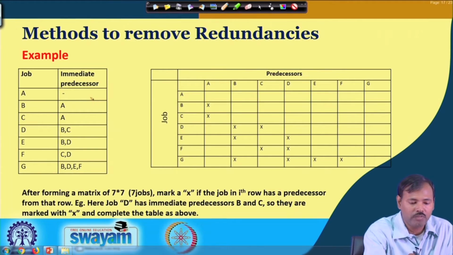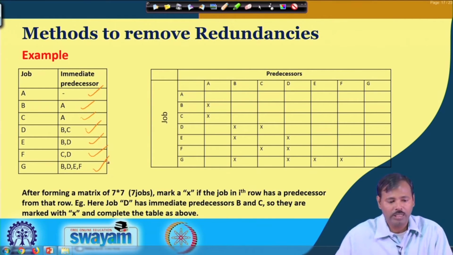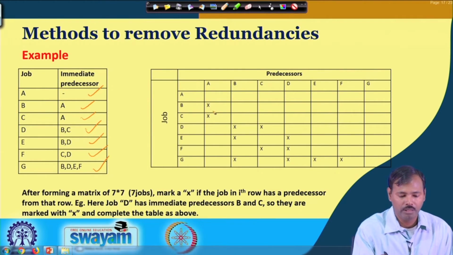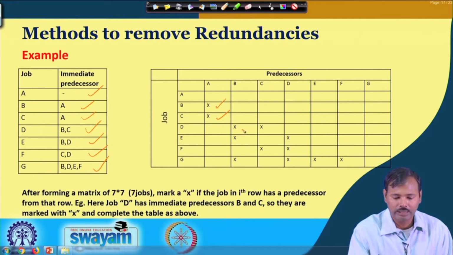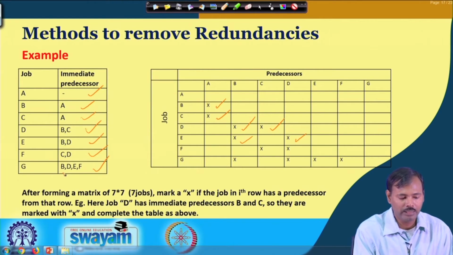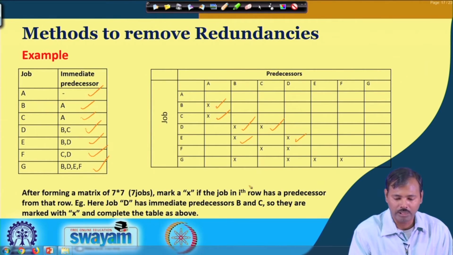You can see A does not have any predecessors, B has A, C has A, D has B and C, E has B and D, F has C and D, and G has B, D, E, F. So, all the immediate predecessors are mentioned here: B as A, C as A, D as B and C, E as B and D, F as C and D, and G as B, D, E, F.